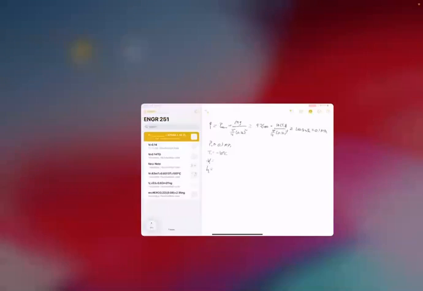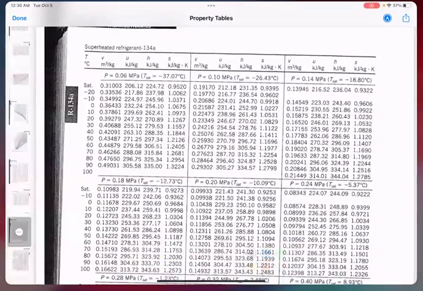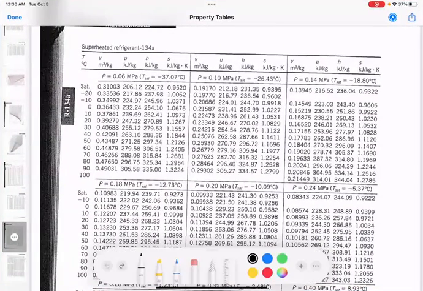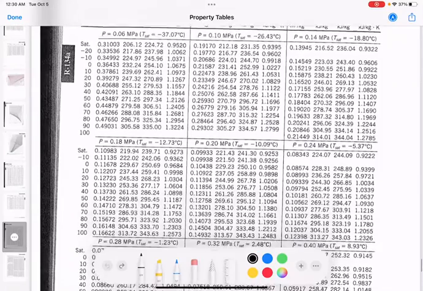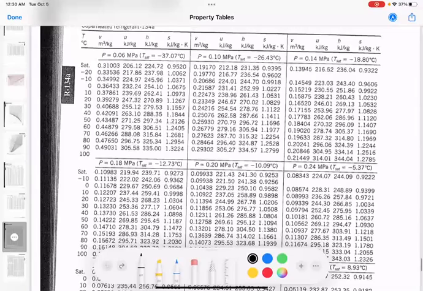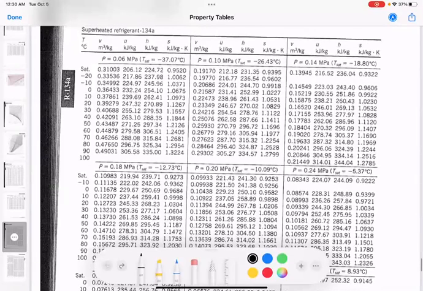So let's start looking at some tables. Here we are at the refrigerant R134A tables. Now, the pressure we're looking for is 0.1, so it's obviously going to be in this box somewhere, and we know we're at a temperature of minus 10. So all the values we want are going to be found here.